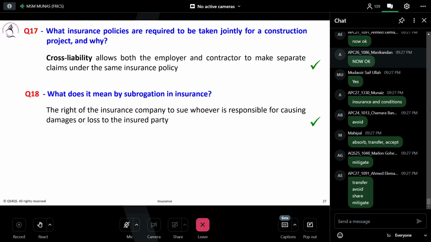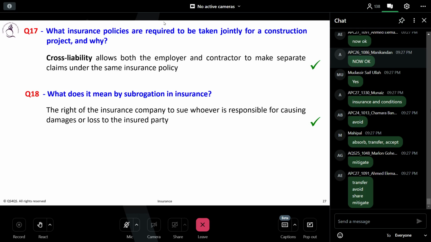Who has any idea? Yes. Now I take insurance with you, and I am the insured party. There are some damages, and I claim, and I am entitled. You will pay it for me. Now the insurance party, you can go and sue whoever did that damage or caused that damage to me.